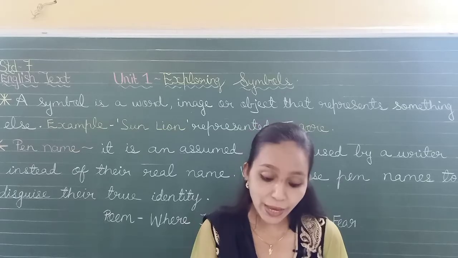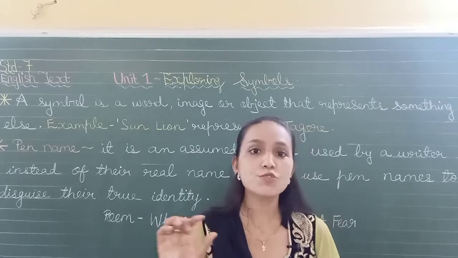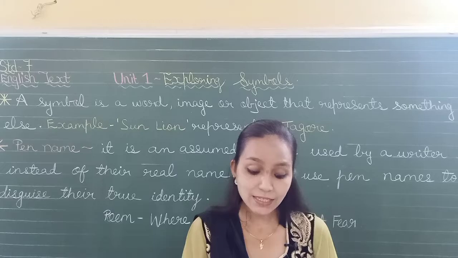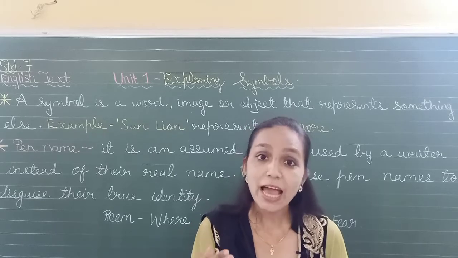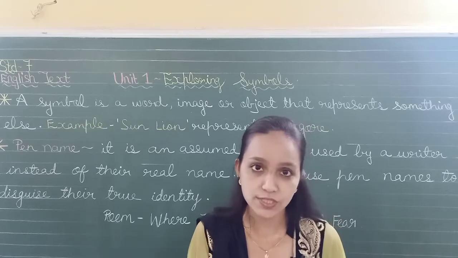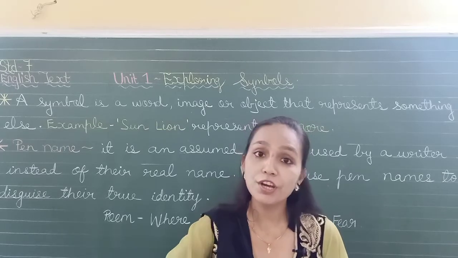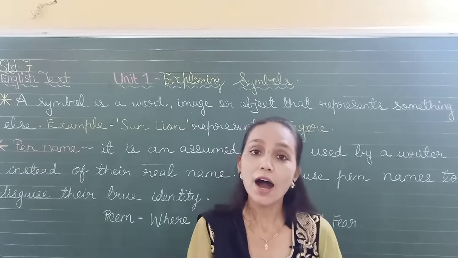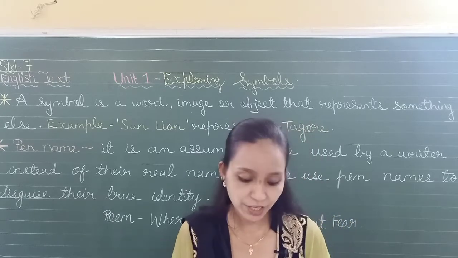The poet is comparing reason or logical thinking to a clear stream, and in the next line he compares dead habits to a dreary desert. Dead habits means what? Superstitious beliefs. So our superstitions are like a dreary desert where you don't find anything.